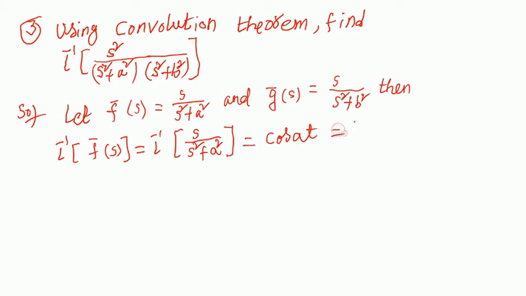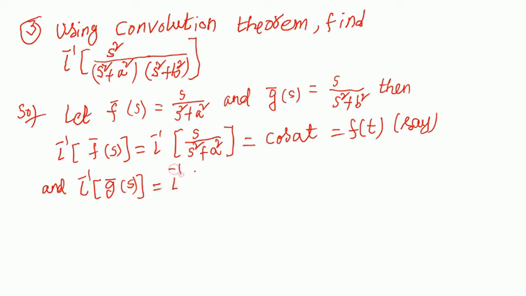So this will be taken as f of t, say, and find L inverse of g bar of s. So L inverse of g bar of s value is L inverse of s by s square plus b square.